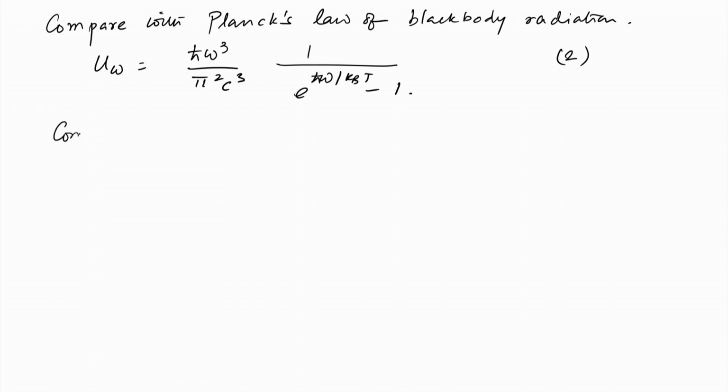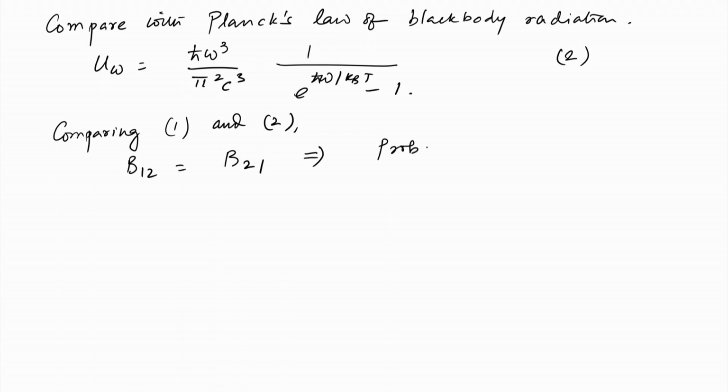Comparing 1 and 2, B 1 2 is equal to B 2 1, which says that the probability of induced emission and absorption are the same.